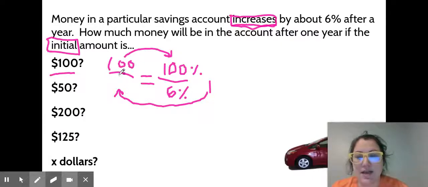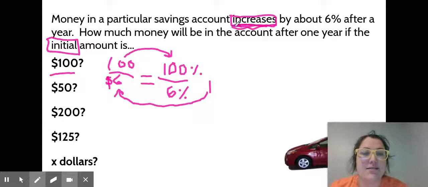Times 6, and we're going to get $6. But the thing to remember, going back to our problem, is that it is an increase, so it's going to go up. We're going to add it on. So 100 plus 6, my total amount is $106.